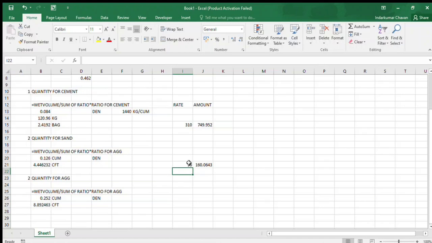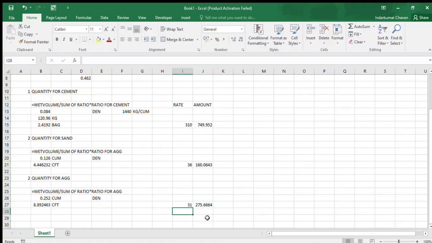I will go for crushed sand. Okay, so 160 rupees required for calculation of the rate for particular sand, and the same rate will be valid for aggregate. It may be plus or minus 1 or 2 rupees. So I will take it as 31 rupees.